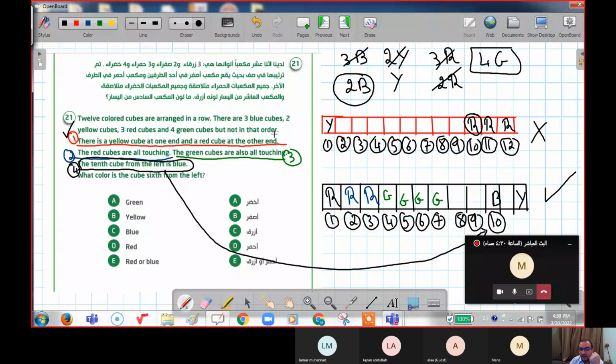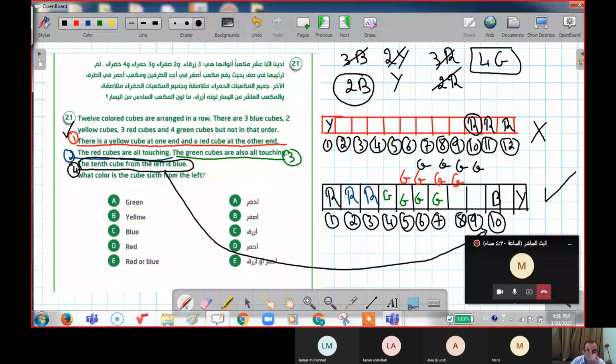And the last choice is green, green, green. So I have to put the green cubes at numbers 4, 5, 6, and 7, or 5, 6, 7, and 8, or finally 6, 7, 8, and 9.